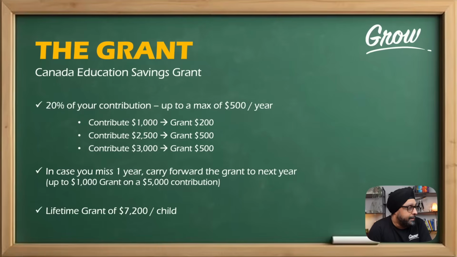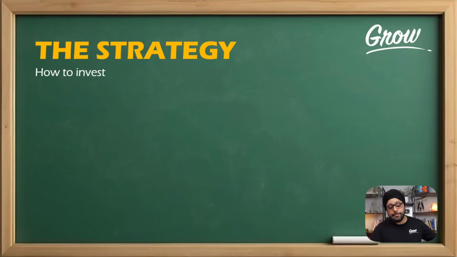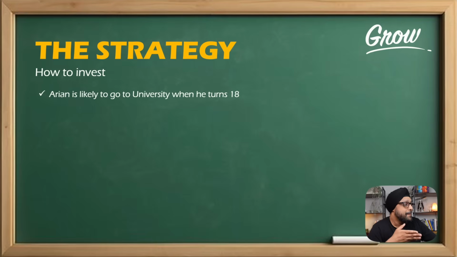And like I said, the lifetime grant is $7,200 per child, which actually changes the strategy around RESP. Now, you might say the strategy is simple. You invest $2,500 a year, you maximize the grant at $500, and you are done. But that's not that easy, because Aryan is likely to go to university when he turns 18.